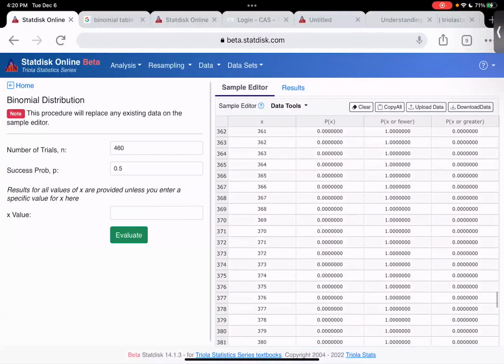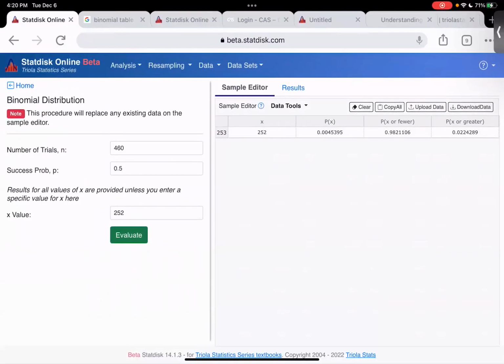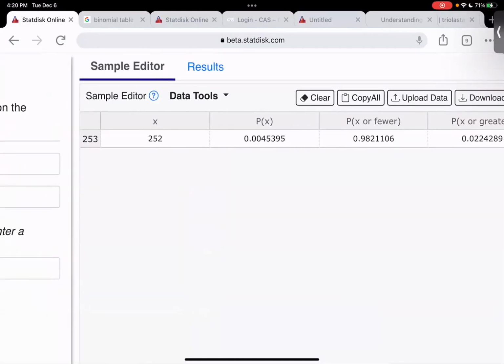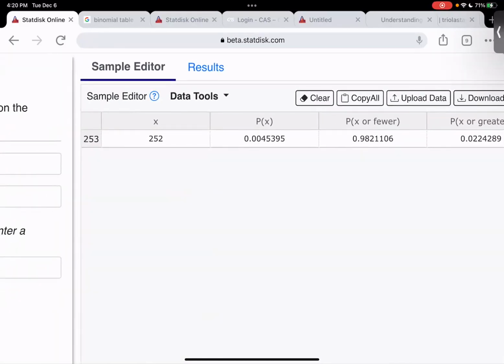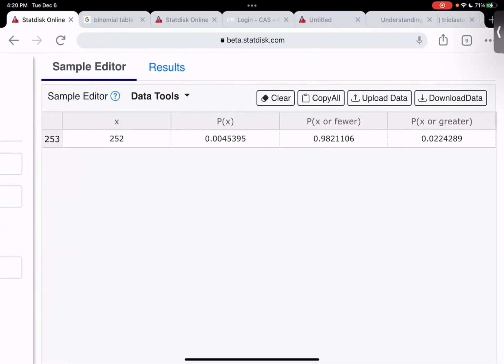So this is the total summation. But if we put 252 here, it will be easier. Now the probability of getting exactly 252 is 0.0045, and then less than. So this value is the probability of x equal to 252.